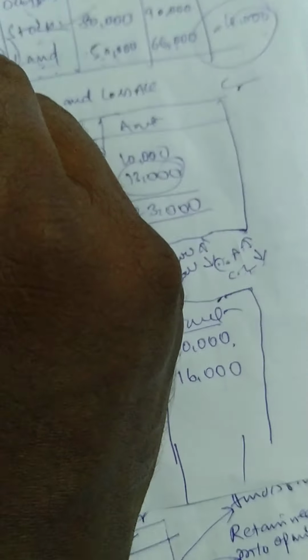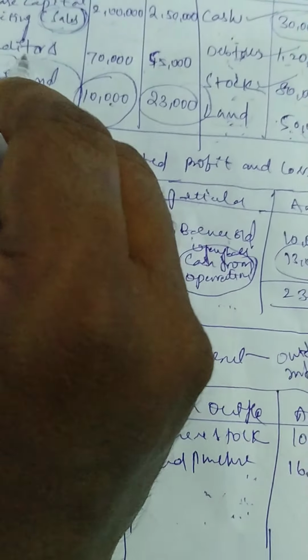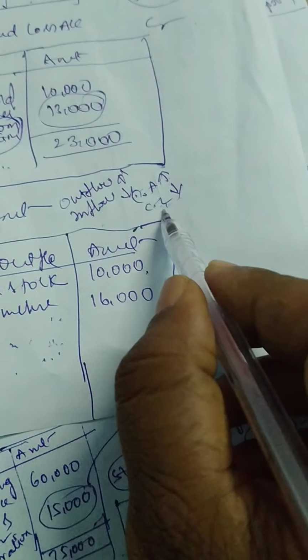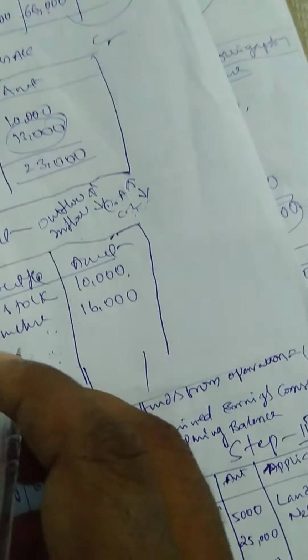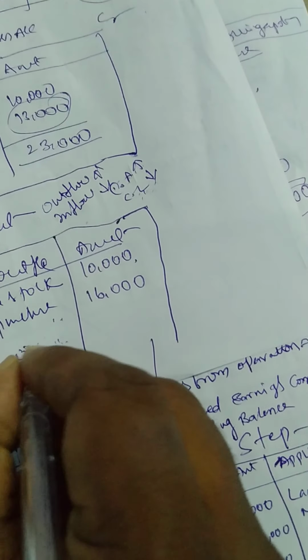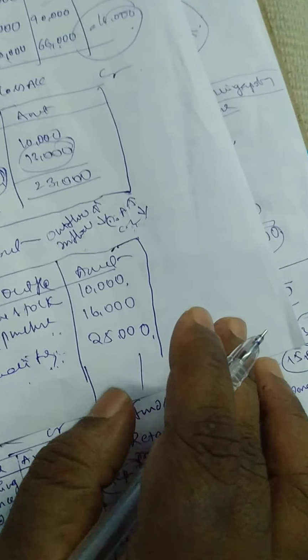Creditors is the liability, so the current liabilities decrease. Outflows is increase, right? Creditors, how much? 25,000. Next one, closing balance.